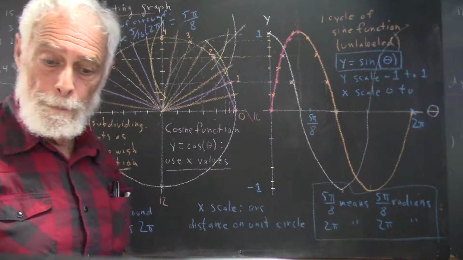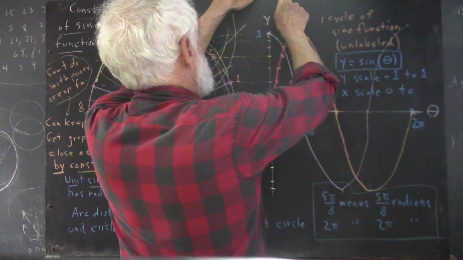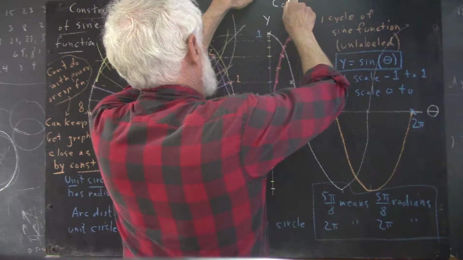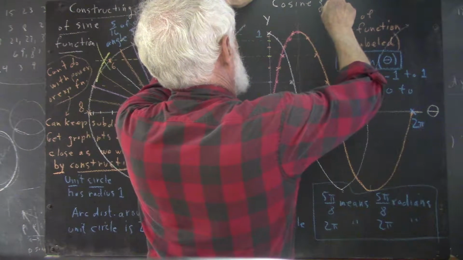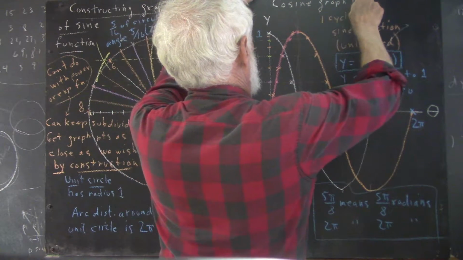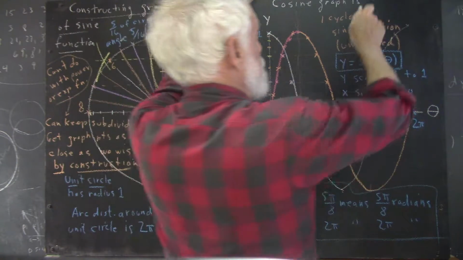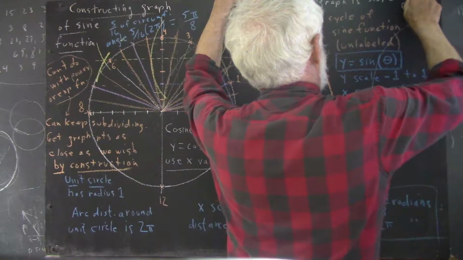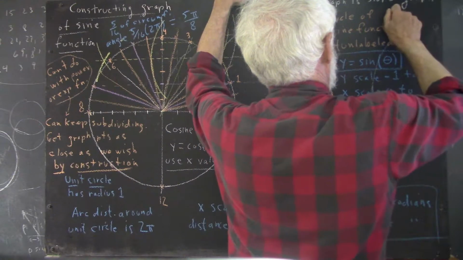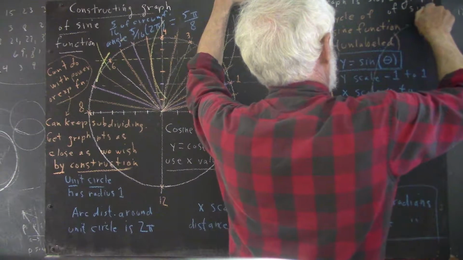So big deal. If I had a really prominent color, I'd use it if I hadn't already. It is the slope graph of the sine graph.